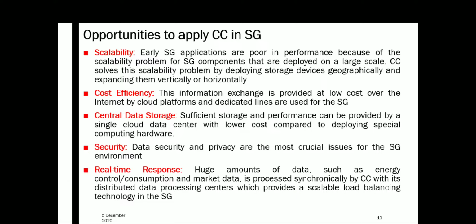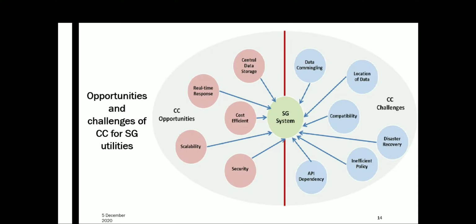So these are the various points we discussed: scalability, cost efficiency, central data storage, security, and real-time response. Here you can see the opportunities and challenges of cloud computing for smart grid utilities. We discussed the opportunities: security, scalability, cost efficiency, real-time response, and central data storage.